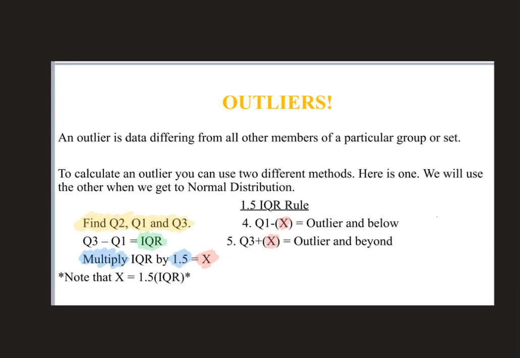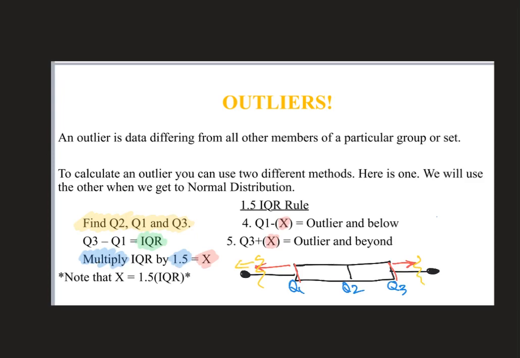Okay, so if you think about it, if you were to have a box and whisker plot, and let's say this is my Q1, I have Q2 and Q3. Whatever the range is between Q3 and Q1, whatever that number is, you multiply it by 1.5, and it's going to give you a number towards here and a number towards here. We want to know what the number is around here and around here.